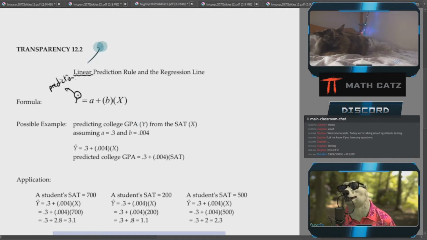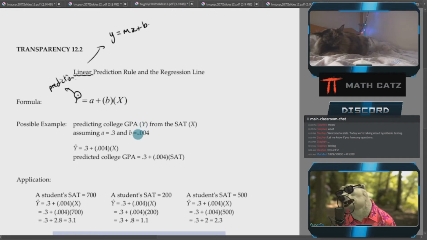If you remember linear, maybe you remember it as y equals mx plus b. It's the same, but for some reason the b is now the coefficient of x and the a is the constant term. Just in case you see it in a more statistics oriented book, it might look more like this.